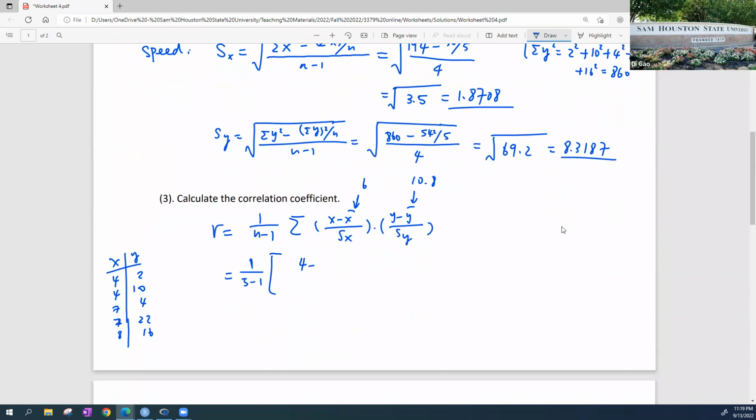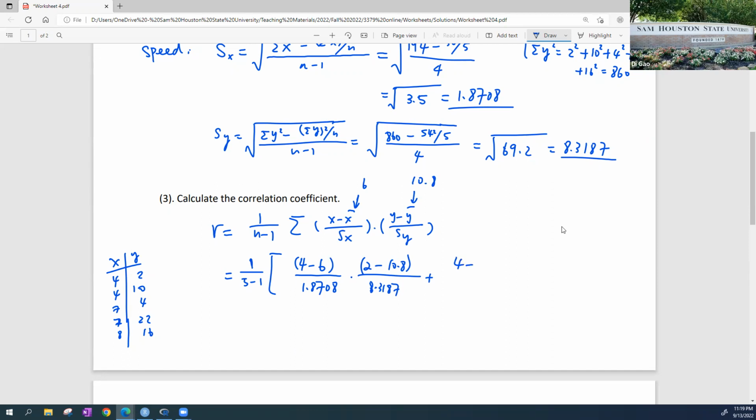So first x takes 4 minus x bar, which is 6, over sx, which is 1.8708, times y. The first y is 2 minus y bar, 10.8, over standard deviation of y, 8.3187, and plus a second term.